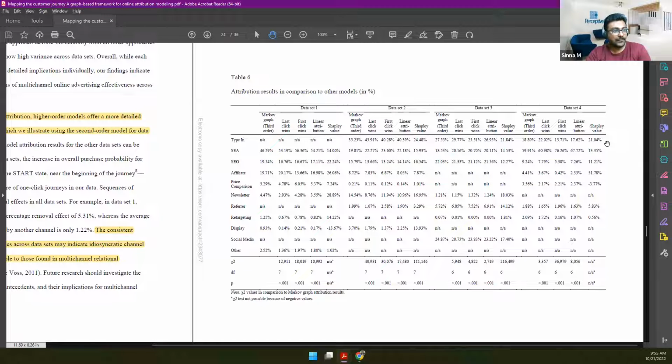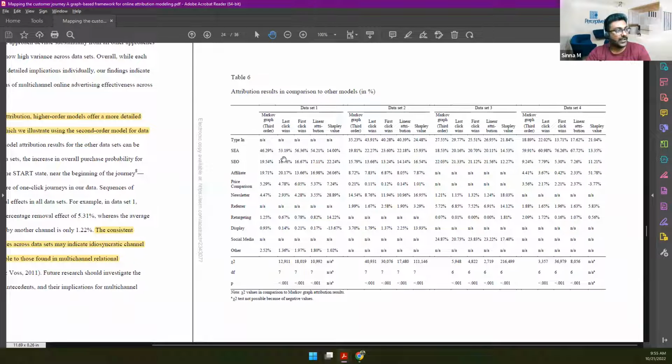So that is also another learning. So basically, it can change for different industries or businesses, right? What works for different businesses will differ. That's why you see it is different across the four data sets, because they're different businesses.